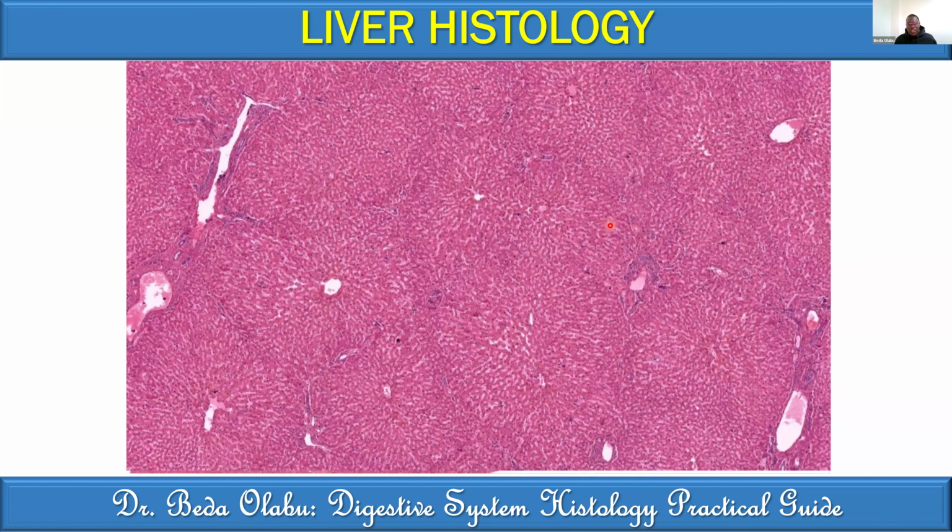At a higher magnification, now this is almost human. We don't have a lot of connective tissue separating the hexagonal lobules, but we can still perceive them. Like that is one hexagonal lobule or almost hexagonal. They don't have to be mathematically correct hexagons because remember we've taken a section randomly in the liver.